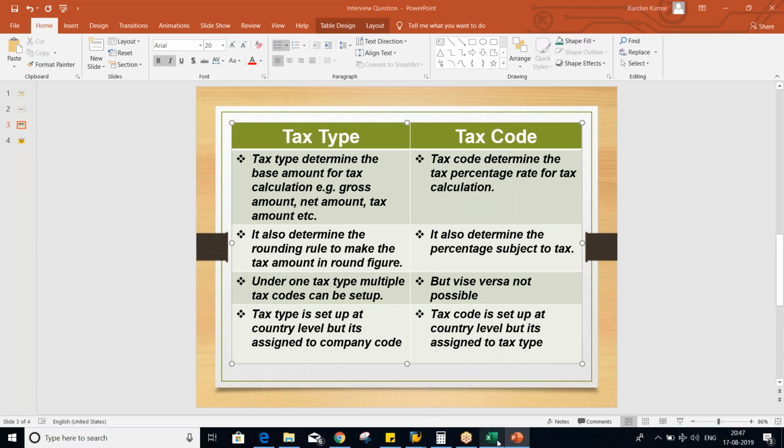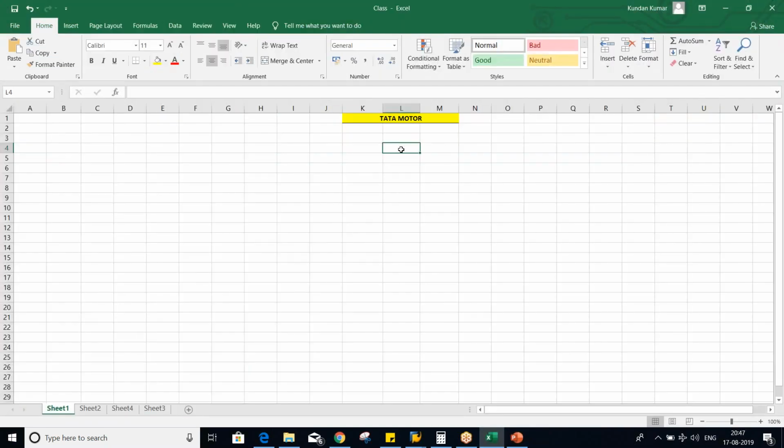Now, if we talk about any sort of taxes, the first thing that comes to our mind is what percentage, in the sense, what is the tax rate? Let's suppose the tax rate is 10%.